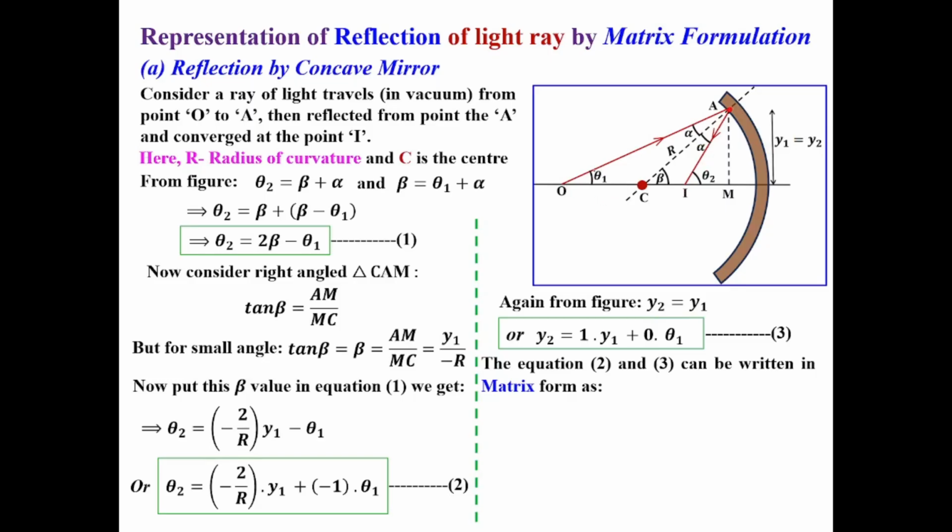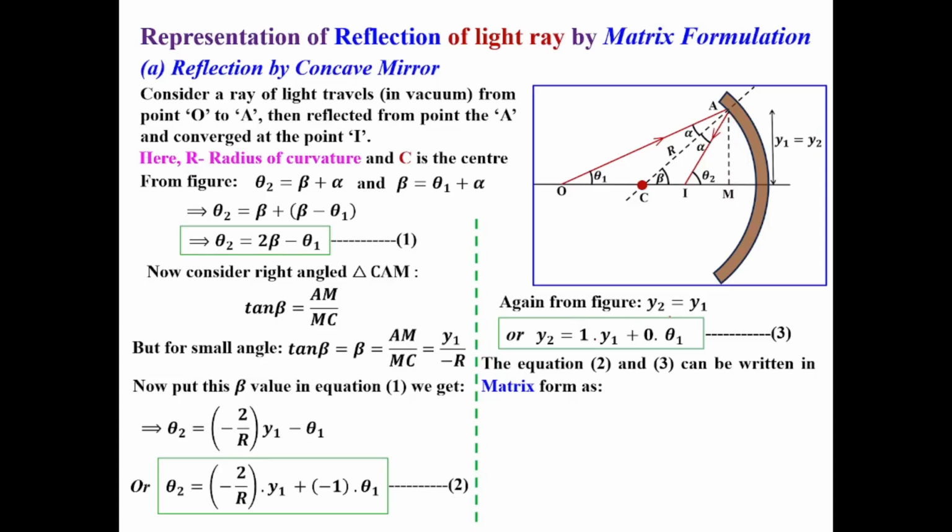So for the OA ray or the incident ray, this height is equal to that for the reflected ray AI, that is y2. That means for incident and reflected, this height is common. So only for that y1 equal to y2.